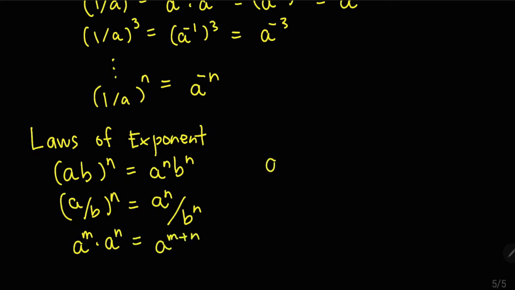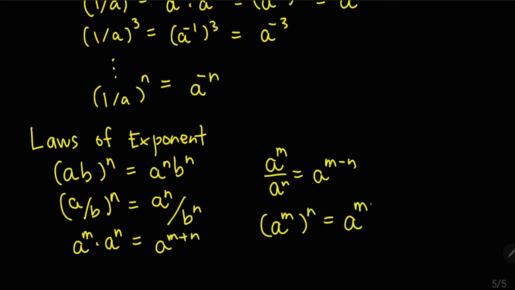If you have, on the other hand, a to the m over a to the n, then that's a to the m minus n. If you have a to the m and then this is raised to n, then that's the same as a to the m times n. Again, we will no longer show the proof of the laws of exponent, and this will be left as an exercise.